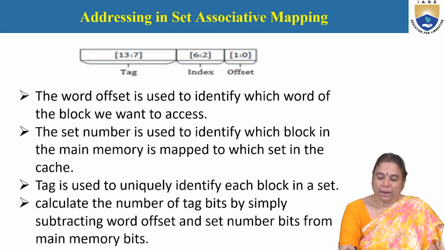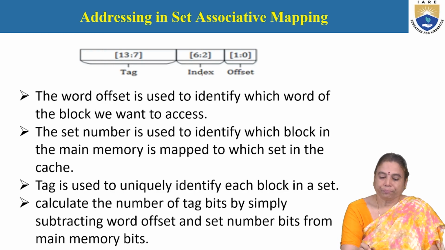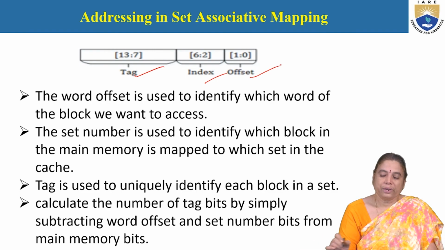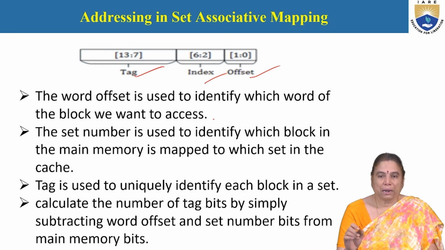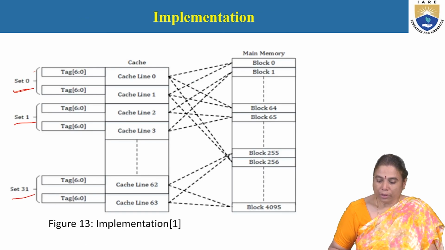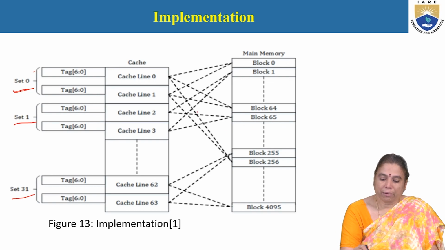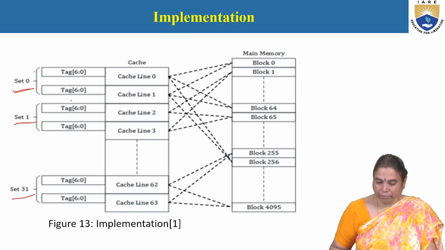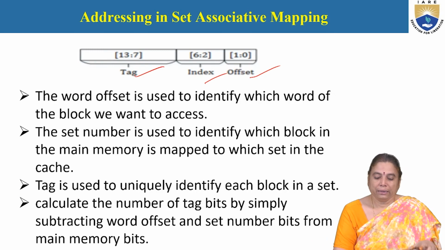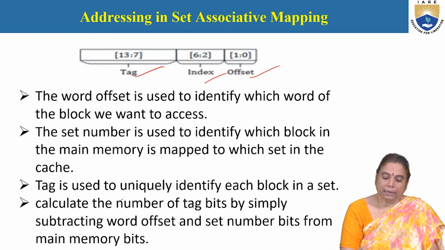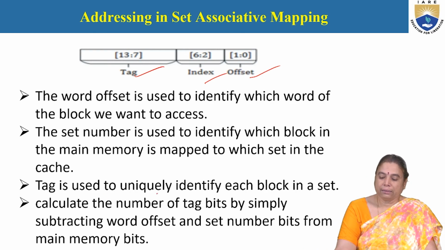Physical address mapping requires three fields: the tag number, index and the offset. The word offset is used to identify which word of the block we want to access. The set number is used to identify which set of the cache a block in main memory is mapped to. So the block of main memory can be mapped to a set of the cache. In that particular set, which line is used can be decided with the help of the tag. The tag is used to uniquely identify each block in a set.